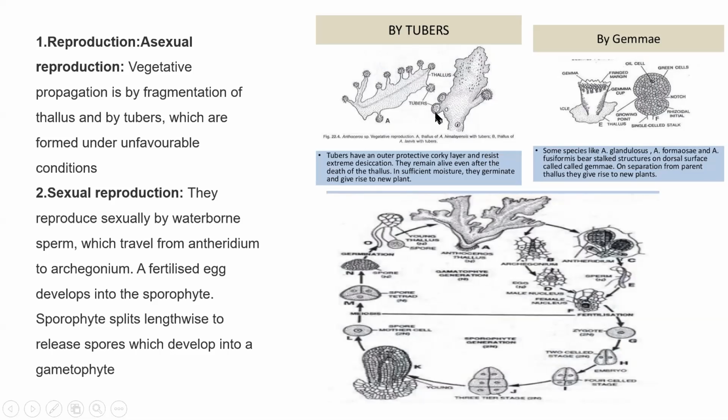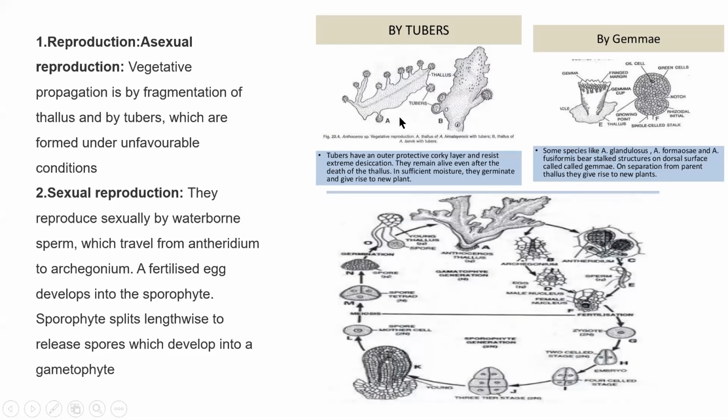Okay, and they tolerate extreme dryness, because these bryophytes require high moisture for growth and development. But during unfavorable conditions, when there is a lot of dryness in the environment, you have the production of some structural parts like tubers.